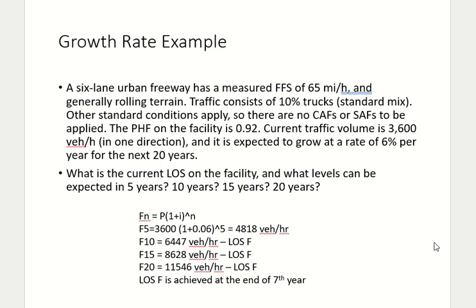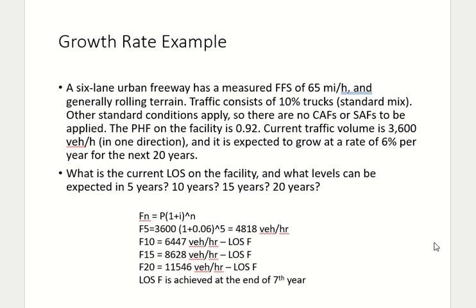This method only works if you have the speed flow curve ready. In the last example of the last lecture, I told you how to make the speed flow curve. You can use the same procedure to make the speed flow curve, and then use the procedure I'm about to tell you. Otherwise it will not work.